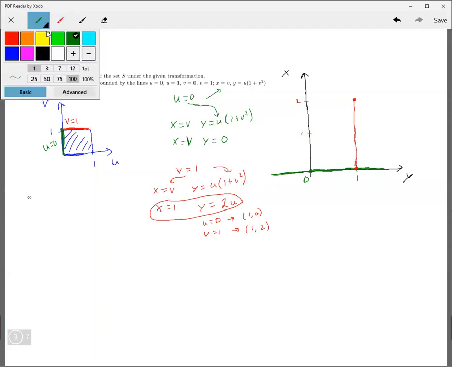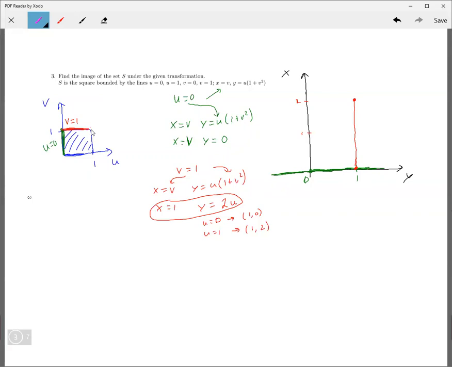Now, let's see here. We can use purple. Let's do this one next. This is u equals 1. If we plug u equals 1 into here, then we get x equals v, and y equals, plugging a 1 in for u just makes this 1 plus v squared.